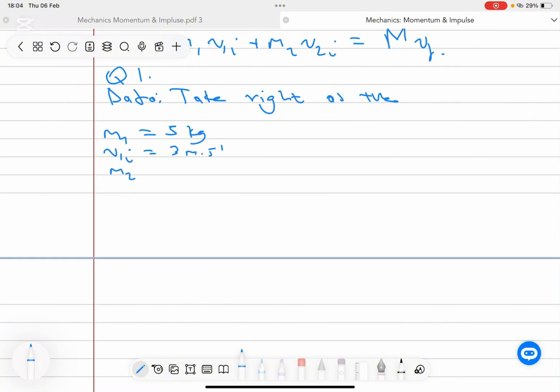And we said M2 is 7 kilogram and V2 initial is equal to negative 2 meters per second because it goes to the left. We also have V2 final, which they said is 1.5 meters per second.